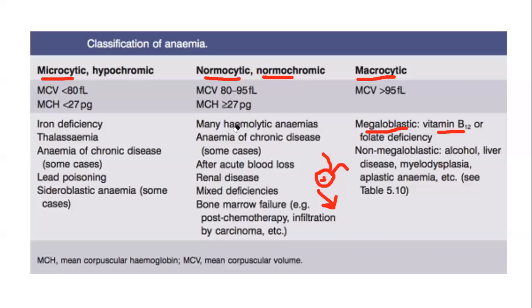I have a good MCV, I have a good MCH, but still I have anemia, right? What is the reason? The main cause is hemolytic anemia. What is hemolytic anemia? Or anemia of chronic diseases.